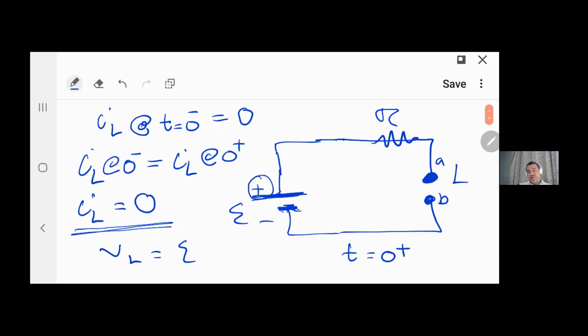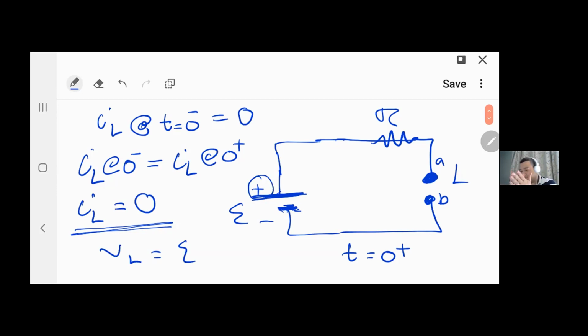So right at the instant the switch is closed, the voltage of the battery will show up across the inductor, because the value of the current at t equals 0 minus equals the value of the current for the inductor at t equals 0 plus, and both are zero. Then you can replace the inductor by an open circuit, and the voltage is going to show up across the inductor right away.